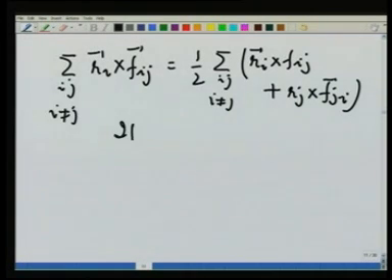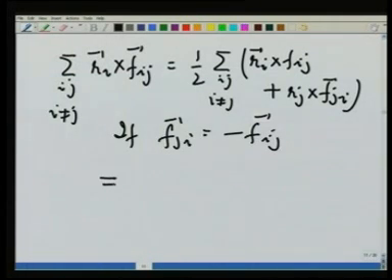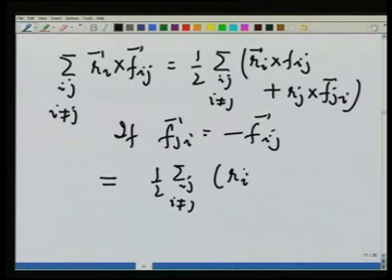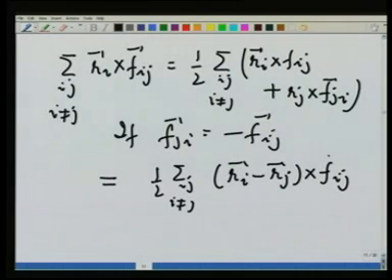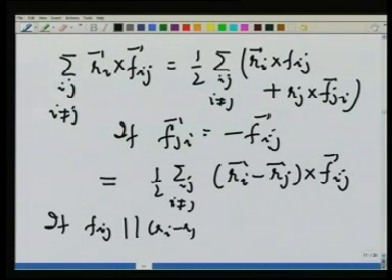And if F_ji is equal to minus F_ij, this term becomes one half summation over i,j, i not equal to j, of (r_i minus r_j) cross F_ij, and if F_ij is parallel to r_i minus r_j, parallel or antiparallel, then this term is 0.